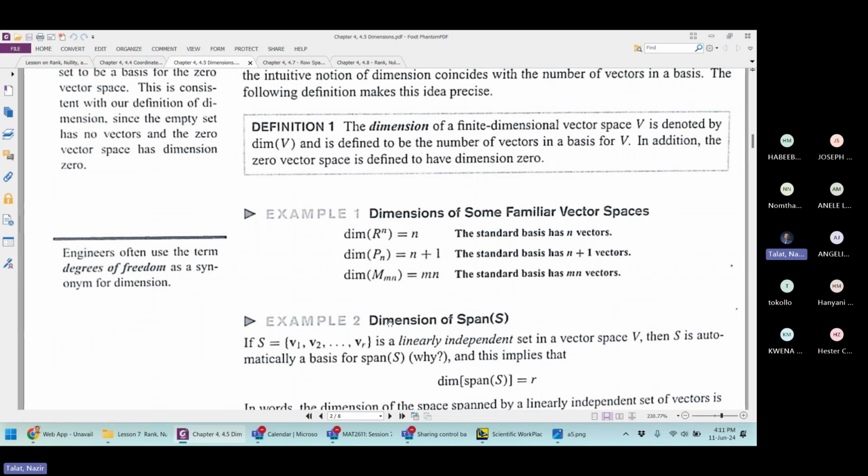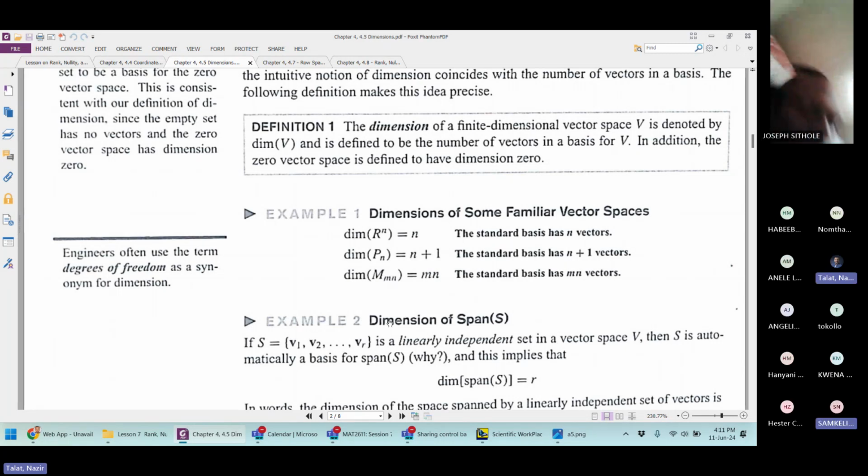So the set of all real valued functions is a vector space, but the dimension is infinity for that one, because there is no finite number of functions that can generate all kinds of functions, because the class of all functions is distinct.